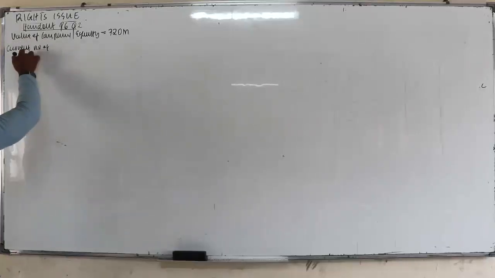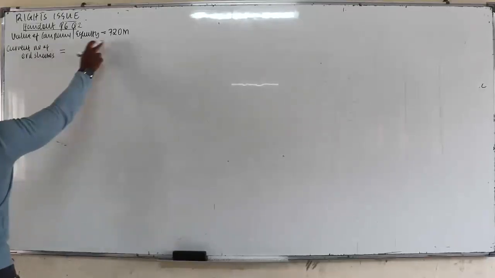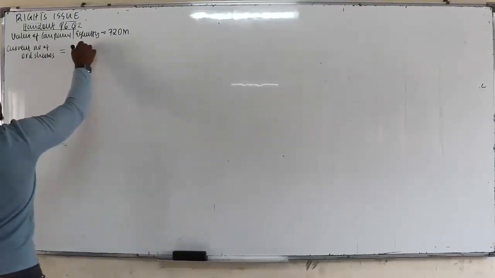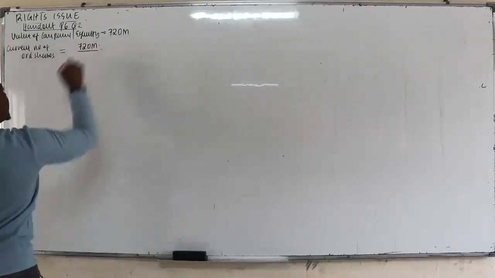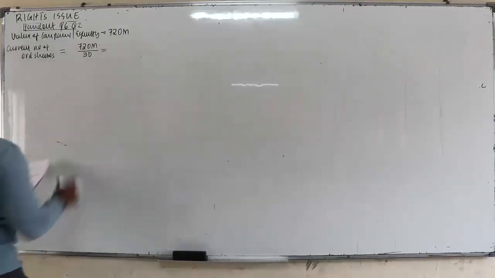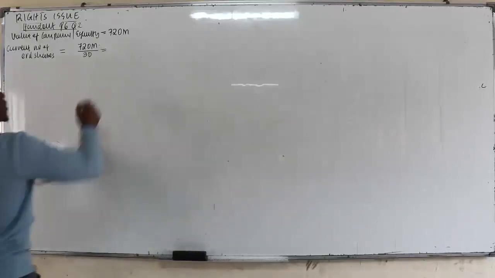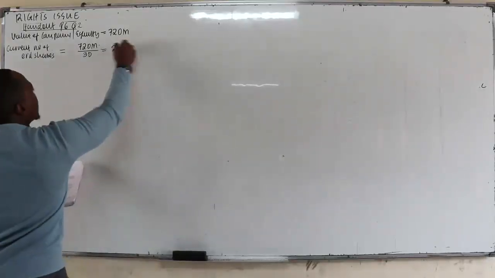Current number of ordinary shares. Currently our equity value is 720 million. We divide by the current market price per share, which is 30 shillings. So how many shares do we have? You get? That's 24 million.